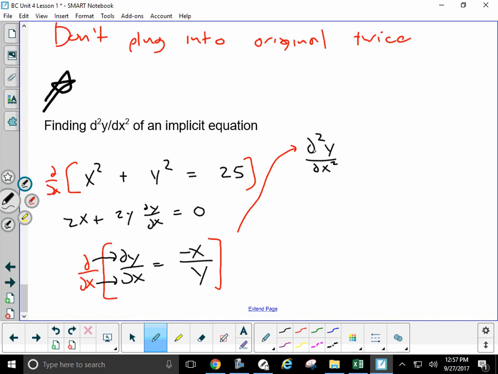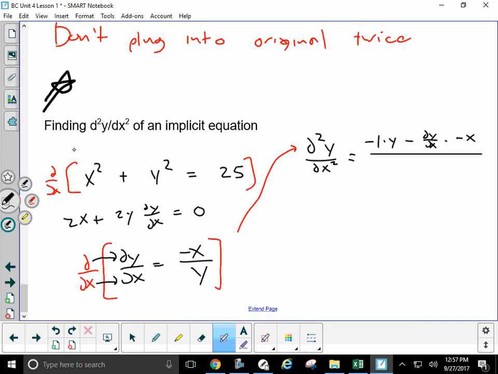Now use the quotient rule. The derivative of the top times the bottom minus the derivative of the bottom times the top, all over the bottom squared. Now this is great. This is the second derivative.